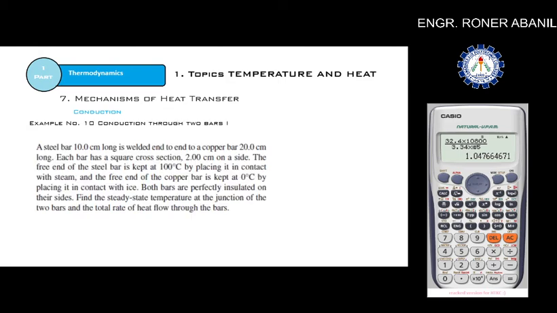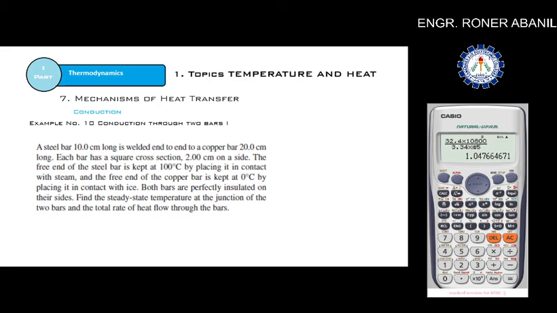So, example number 10 tayo. A steel bar of 10 centimeter long is welded end to end to a copper bar of 20 centimeter long. Each bar has a square cross-sectional area of 2 centimeter on a side. So, cross-section lang pala.